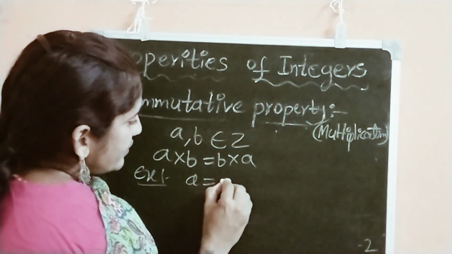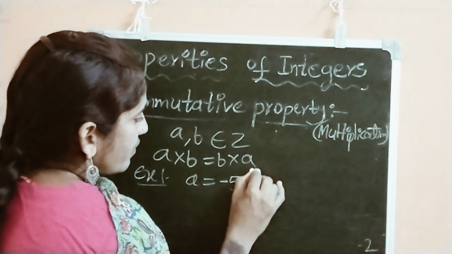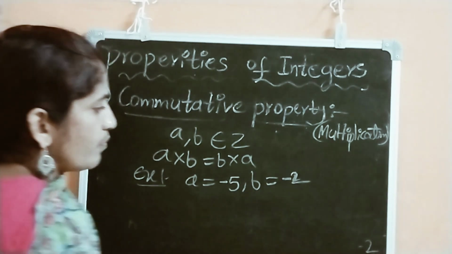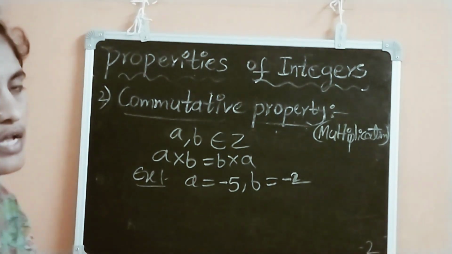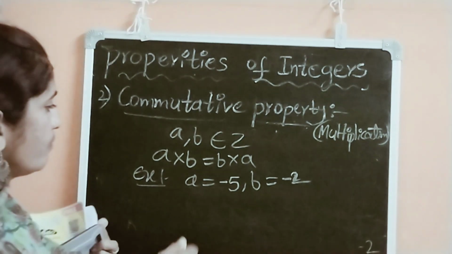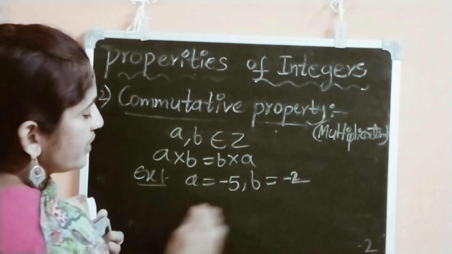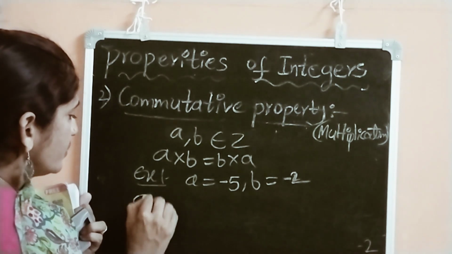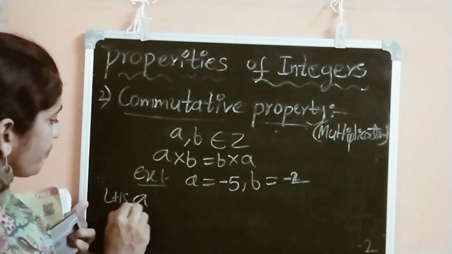So by taking an example, we are going to check this. If you take a is equal to -5, b is equal to -2, you can take any integer, positives or negatives or 0. So I am going to check LHS at first. What is the LHS equation? A into b, that is LHS.